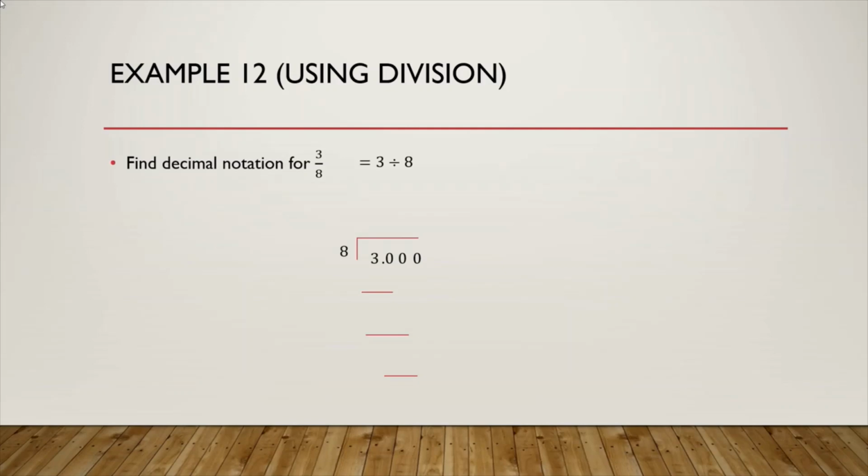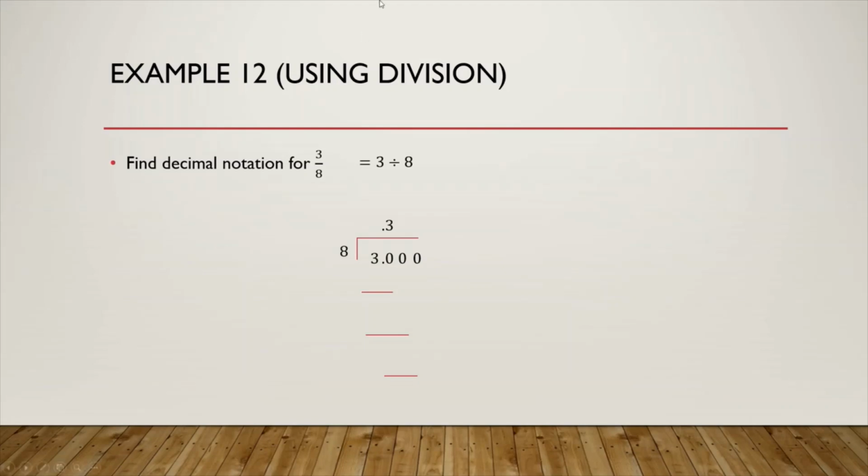And again, we're going to look at fractions next unit, but I'm just giving you a little foretaste so that you can see the relationship between decimals and fractions, and then fractions and division. So 3 over 8 is the same as 3 divided by 8. So we're going to see how many times does 8 go into 3. It doesn't, but 8 does go into 30 3 times.